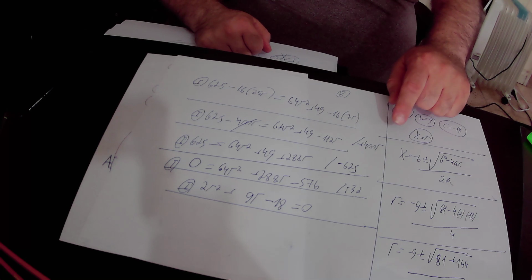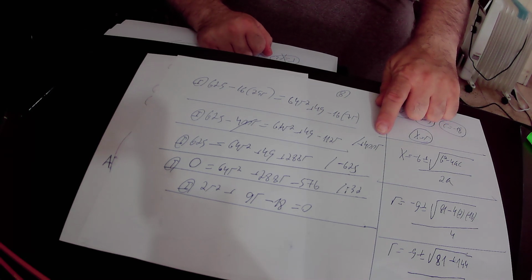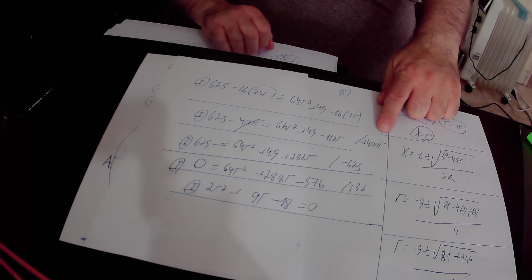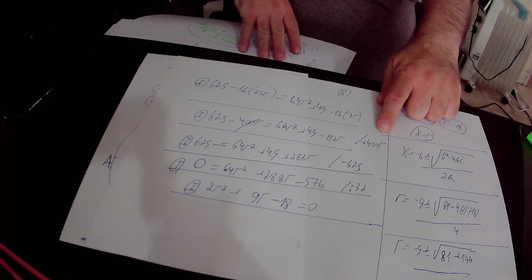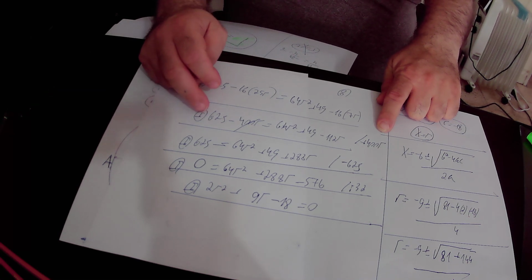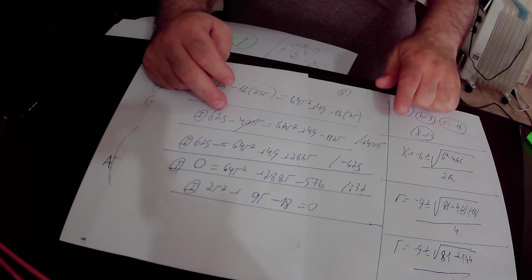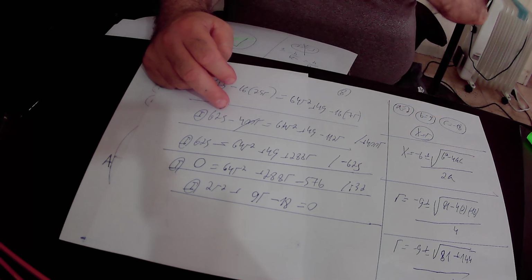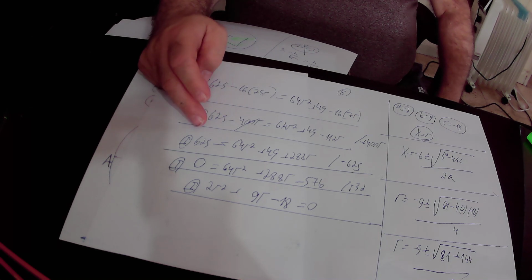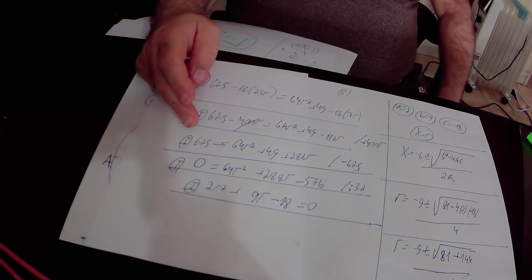Here we added 400r to this equation number 1, and we got that 625, 400r minus 400r is 0, so we are left only with 625 on this side of equation number 1.